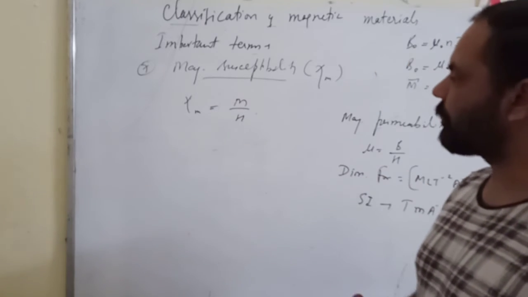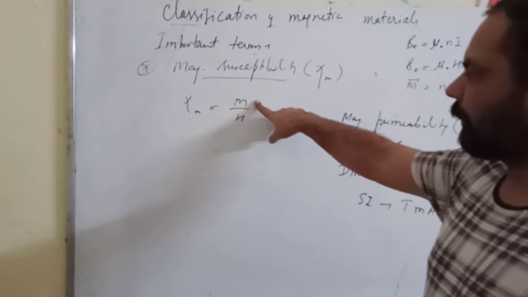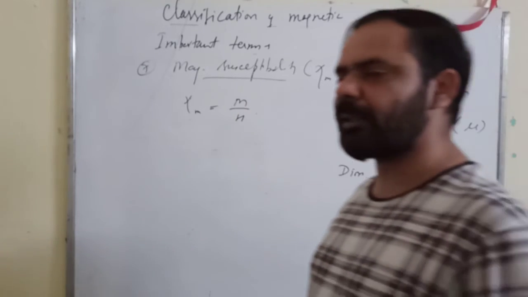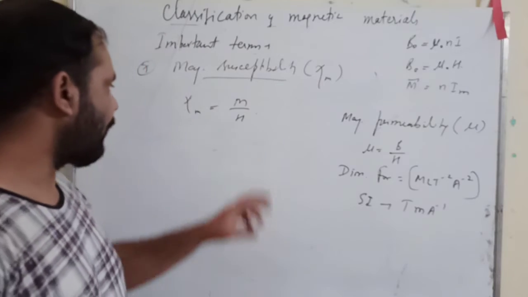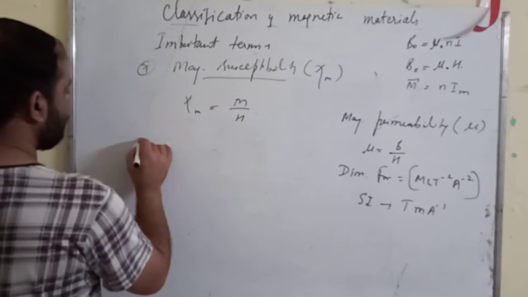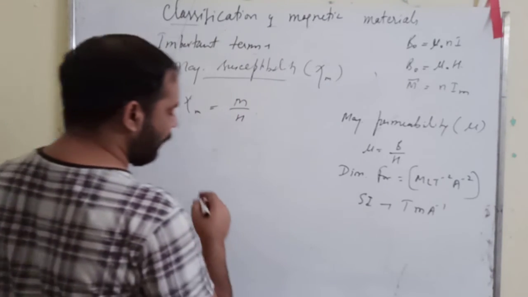So chi m is equal to the intensity of magnetization developed per unit intensity of magnetizing field, M upon H, right?